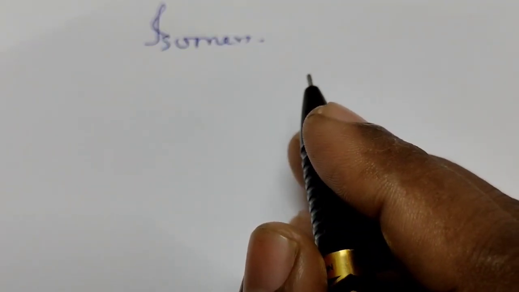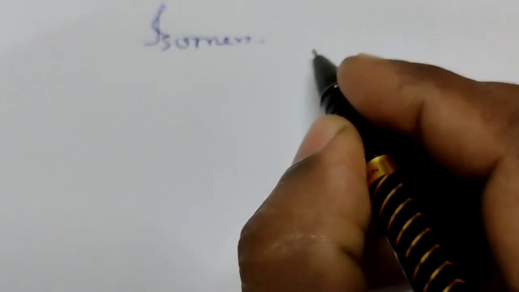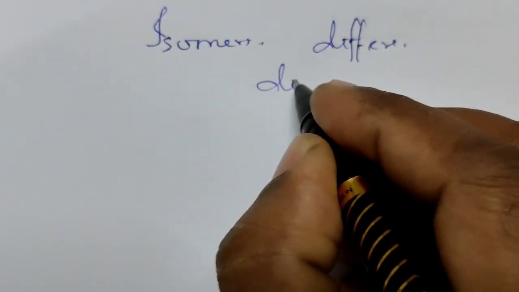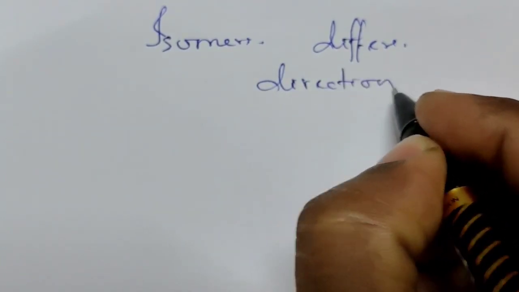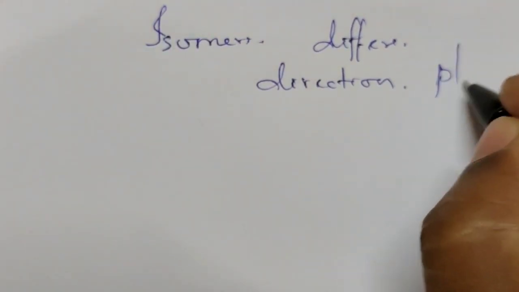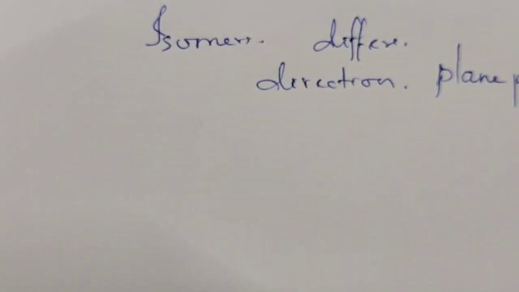There are some isomers which differ in the direction of rotation of plane polarized light. Such isomers are called optical isomers.